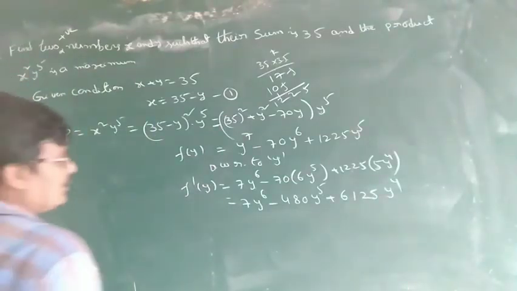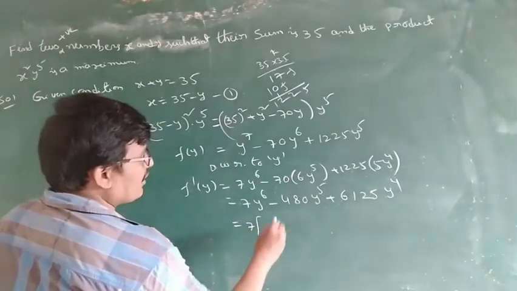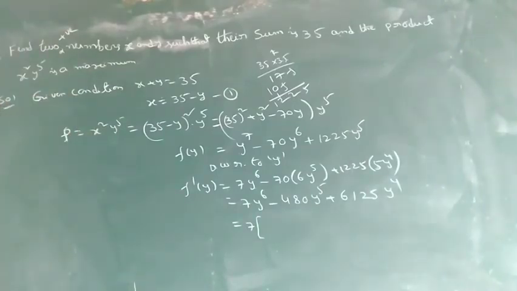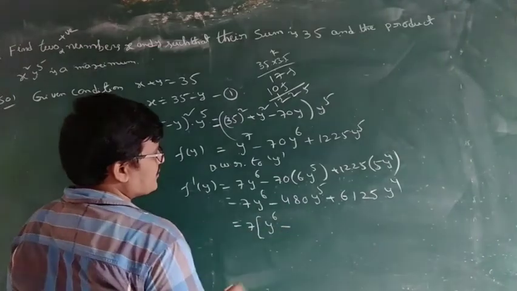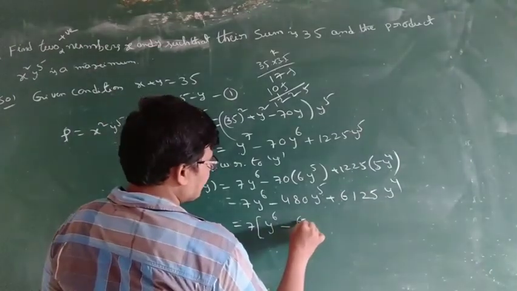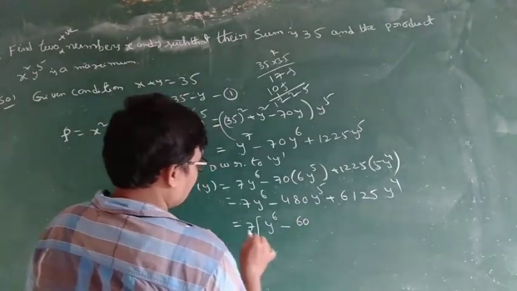Next, taking 7 common: 7 y power 6 minus 60 y power 5 plus 875 y power 4.